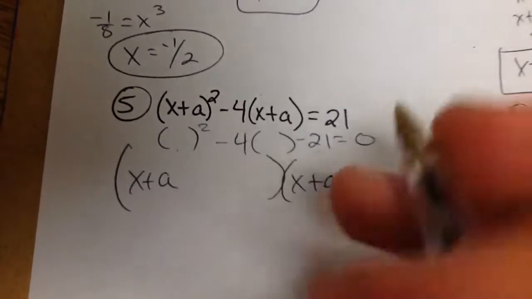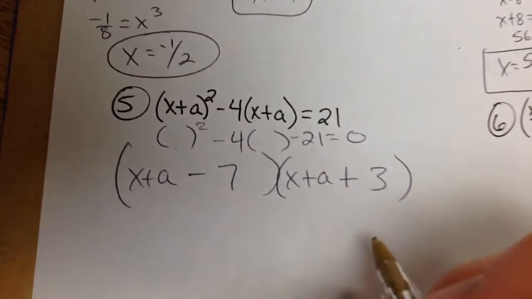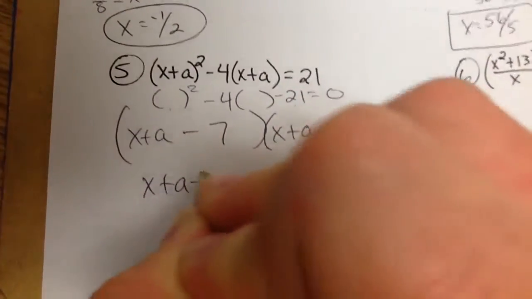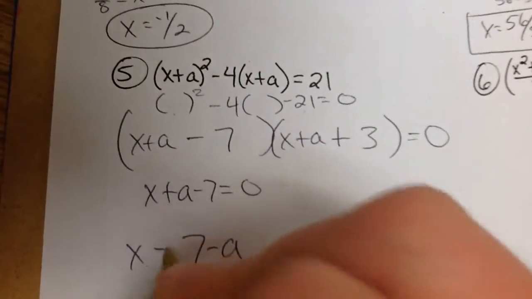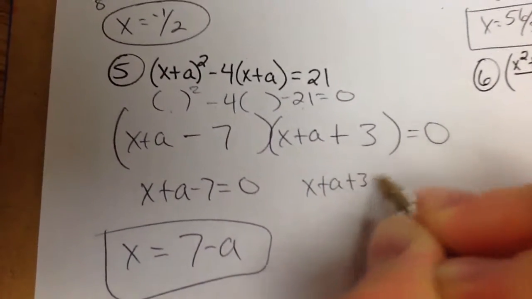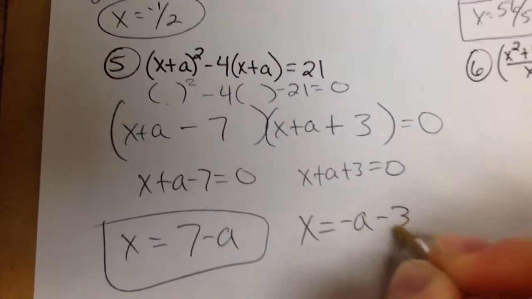Multiply to negative 21, add to 4, would be negative 7 plus 3. And then set each one of those equal to 0, so you just get x plus a minus 7 equals 0. Add 7, subtract a, so 7 minus a. And then x plus a plus 3 equals 0. Subtract both of them. There you go.